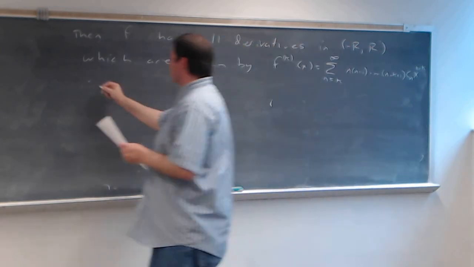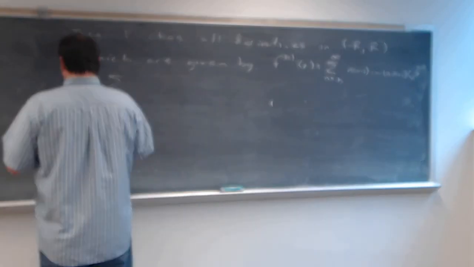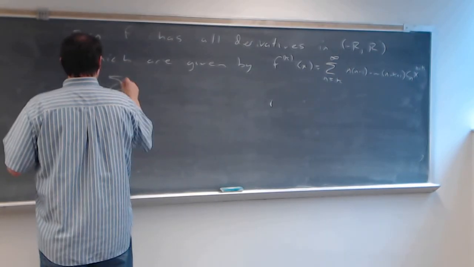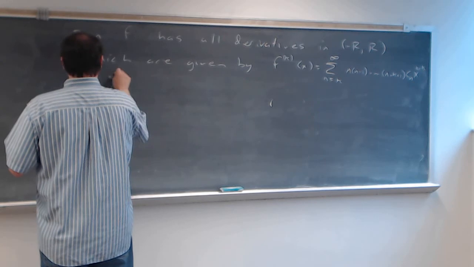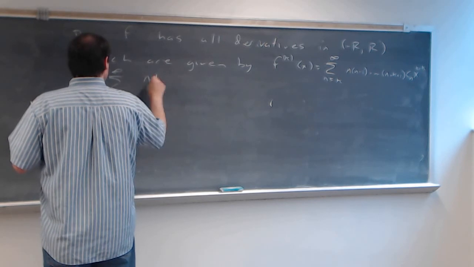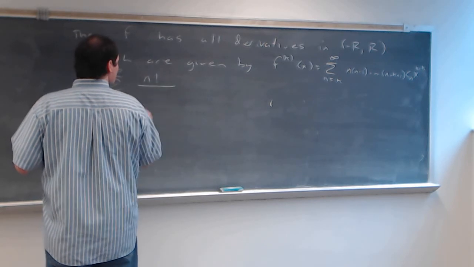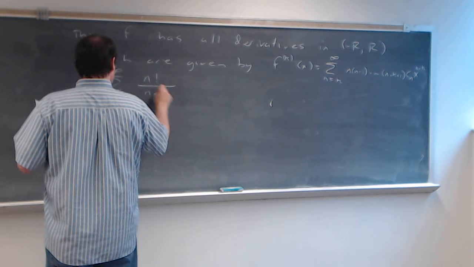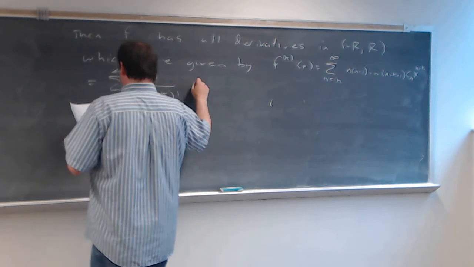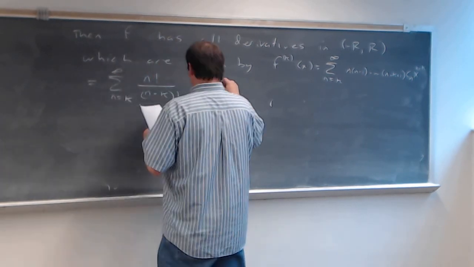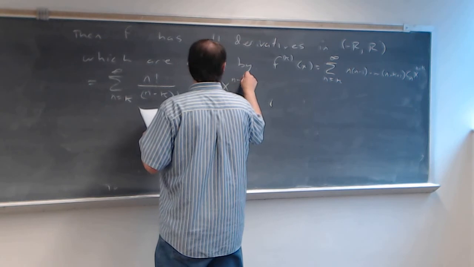Which is equal to, so another form of that expression is the summation as n runs from k to infinity of n factorial over n minus k factorial c sub n x to the n minus k.